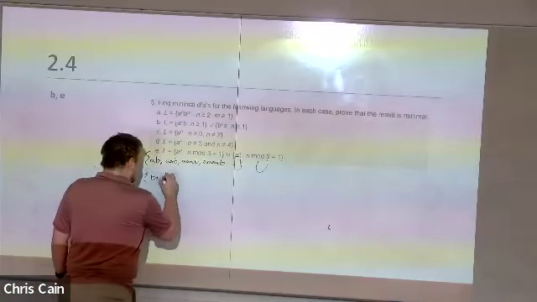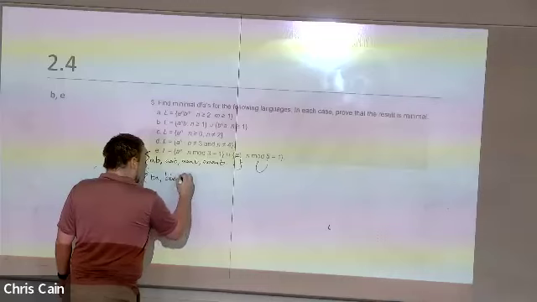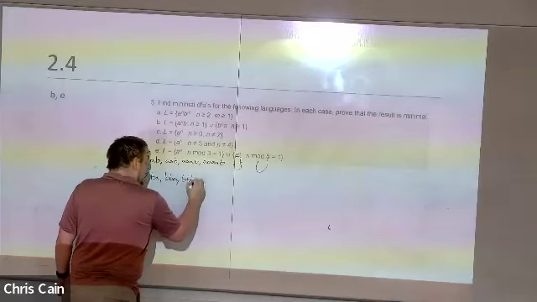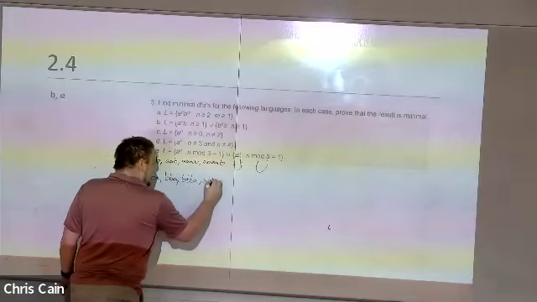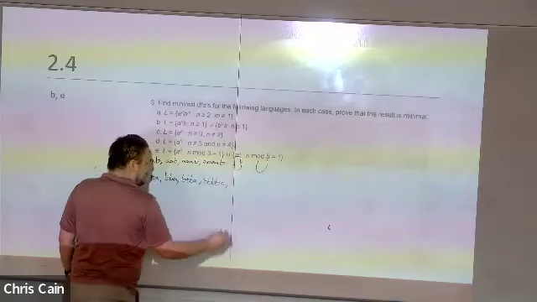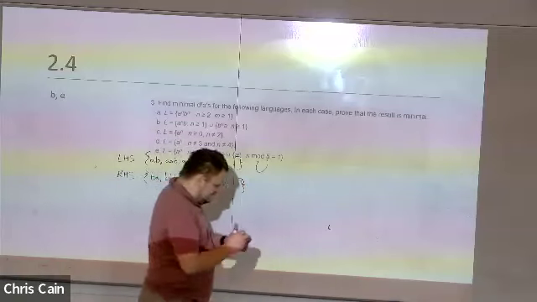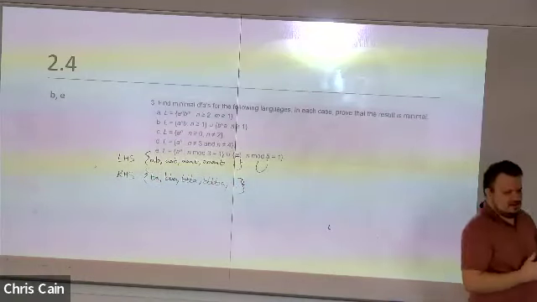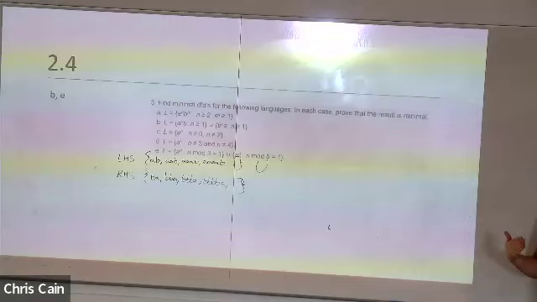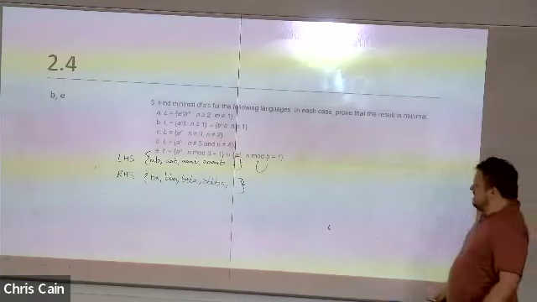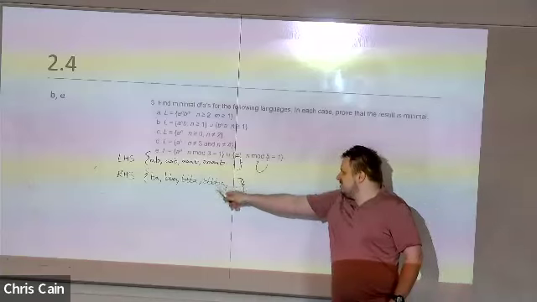BBA, BBBA, BBBBA, etc. If we union these two sets together, we will have the language to accept. So we need some DFA that's going to accept either something in this or something in this.